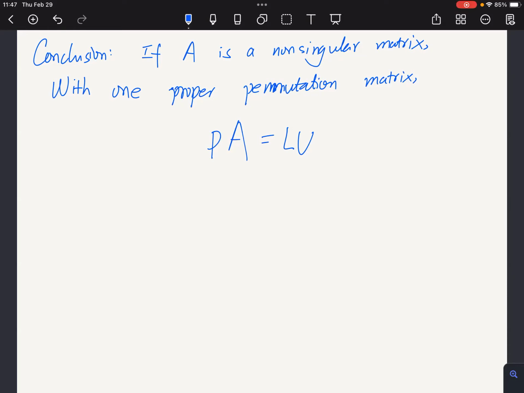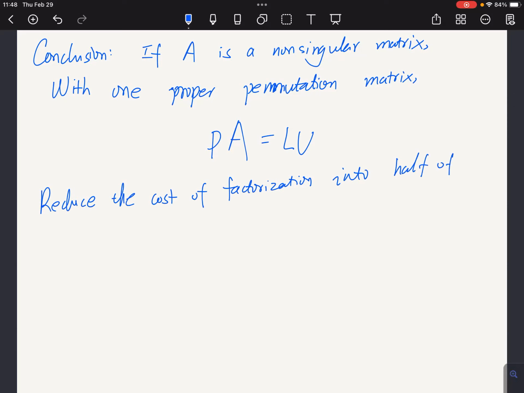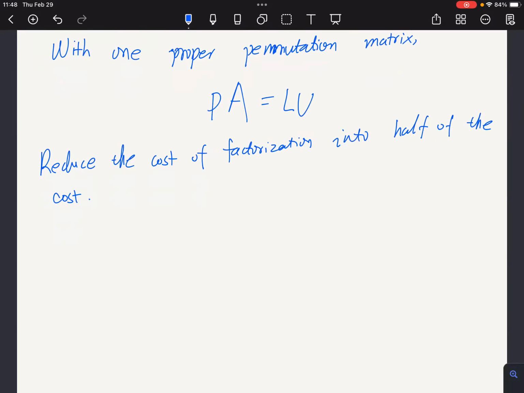So that's the Cholesky factorization, reducing the cost of factorizations into half of the cost. And that's the Cholesky factorizations. So the Cholesky theorems, Cholesky factorizations here.